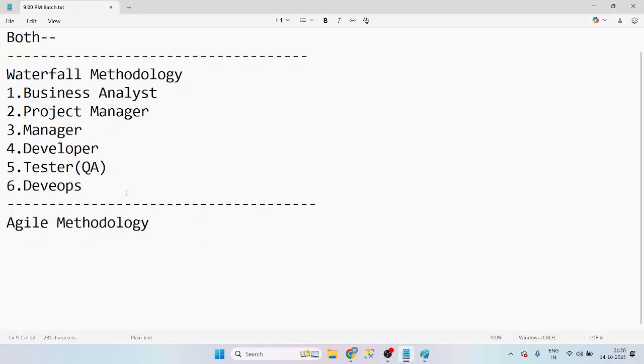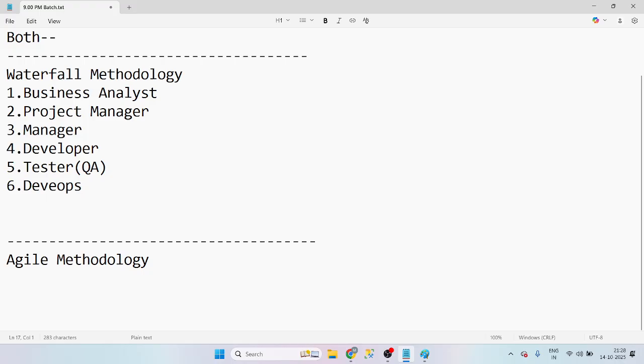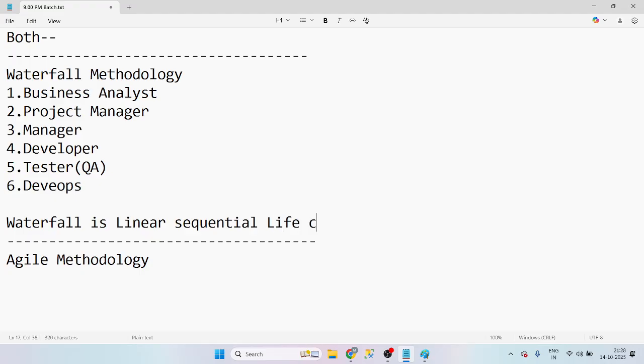Waterfall is a linear sequential life cycle model.